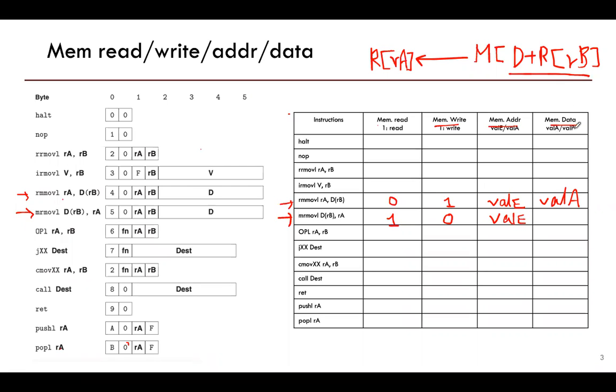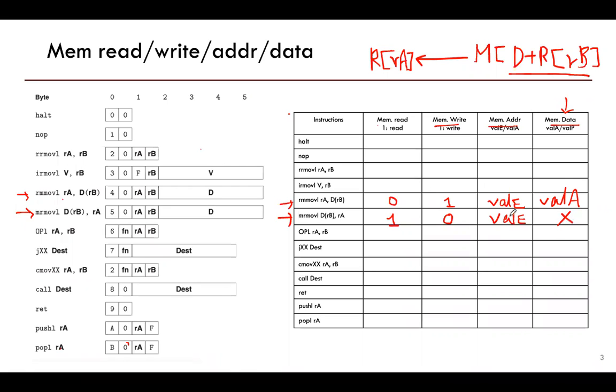And then what about data? Where is the data? This module selects data which will be written to the memory, but in this case, we don't write anything. So here, we don't care.